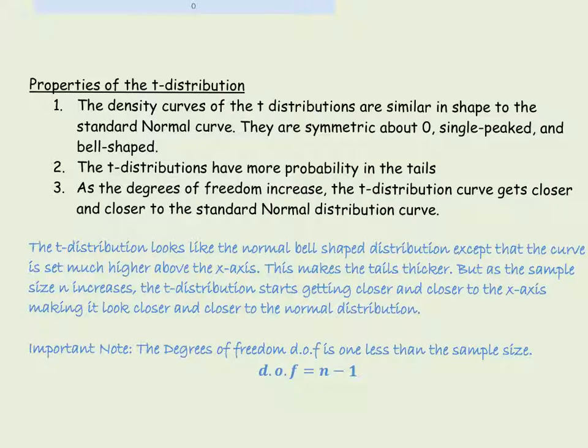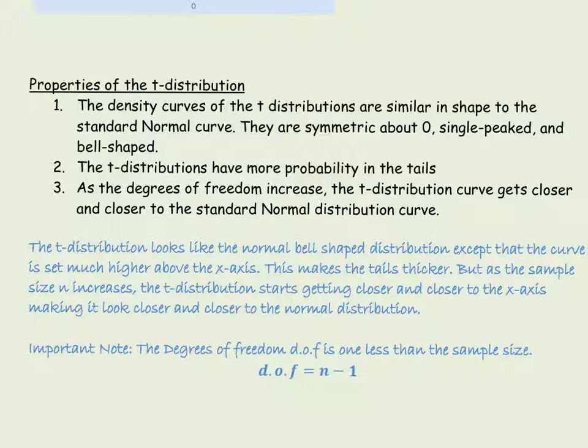Now let's discuss the 3 properties of the t-distribution. The t-distribution looks a lot like the standard normal distribution. It is a bell-shaped curve, it is single-peaked, and it is symmetric about the number 0. The difference between the standard normal distribution and the t-distribution is that the area in the tails for a t-distribution is larger than the area of the tails in a normal distribution.